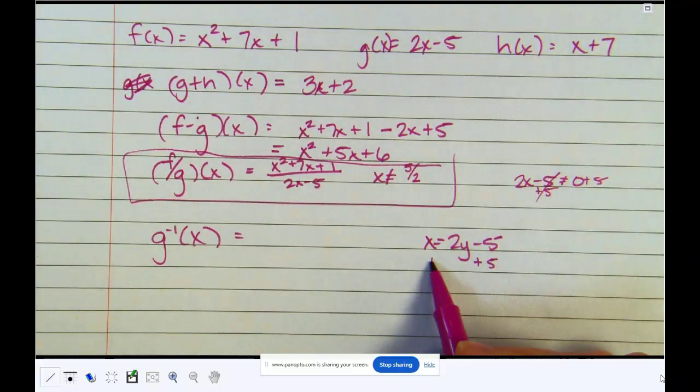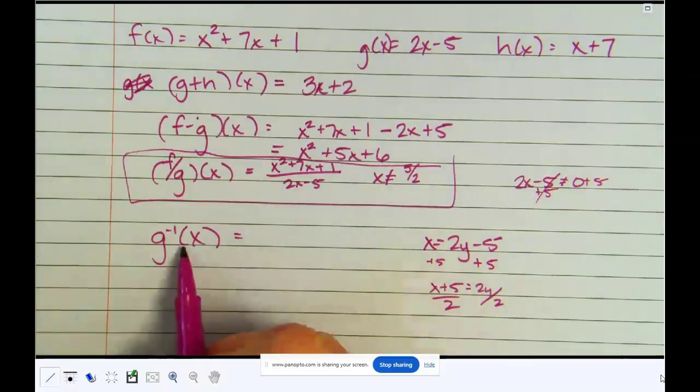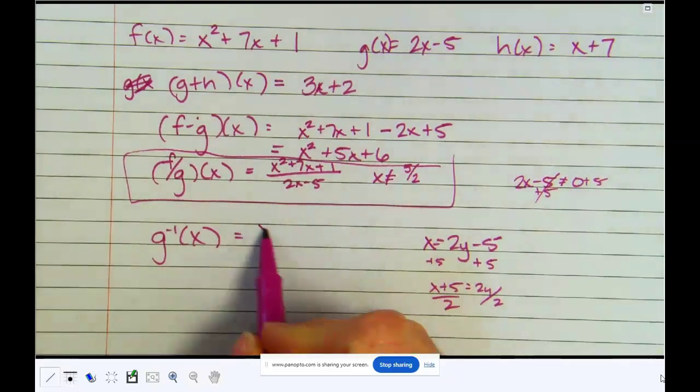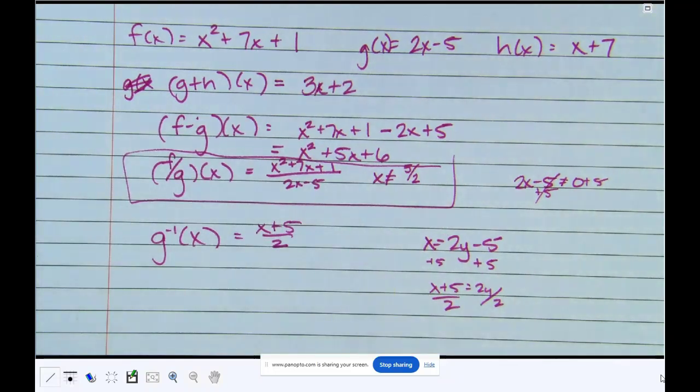So x plus 5 equals 2y, divide by 2. The third step is rename it, but as long as you have this up here, just use what you're given. So x plus 5 divided by 2, and you're done. Inverses are: switch x and y, solve for y, and make sure you rename them. Those are the 3 things.